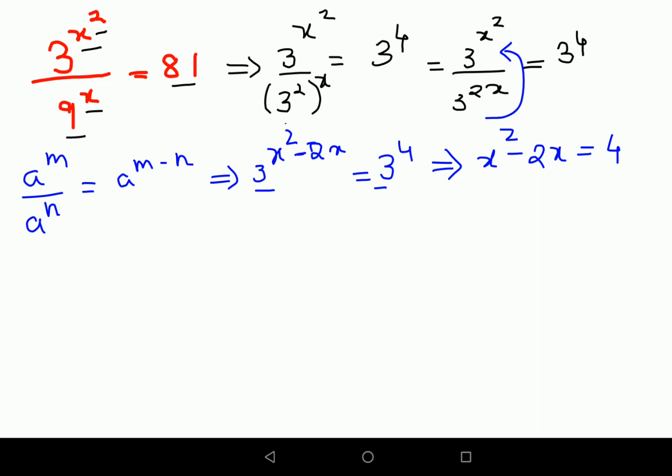Now this is where the trouble will start happening, because this looks very easy, right? You can shift everything to one side and try to factorize this quadratic equation. But trust me, try as you might, you will not be able to factorize it completely.